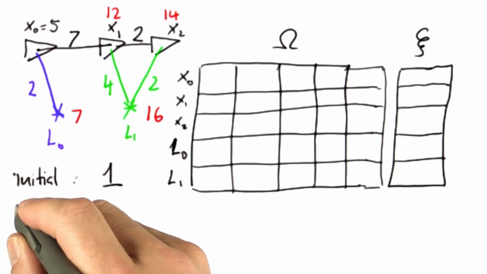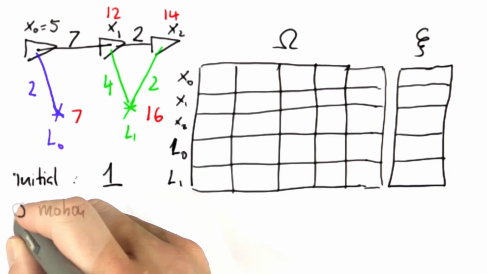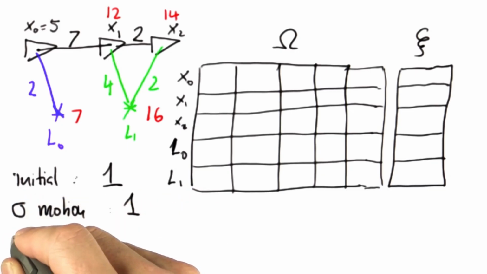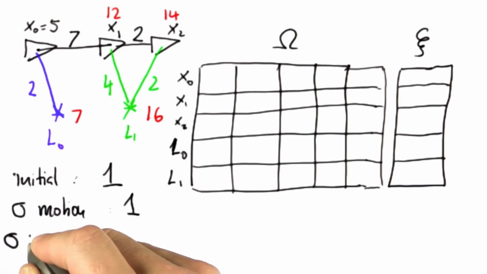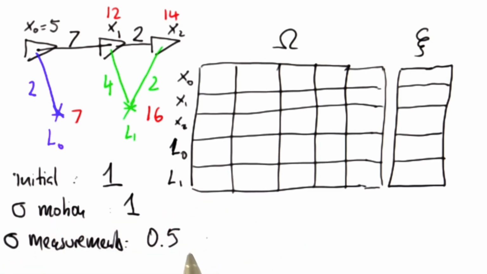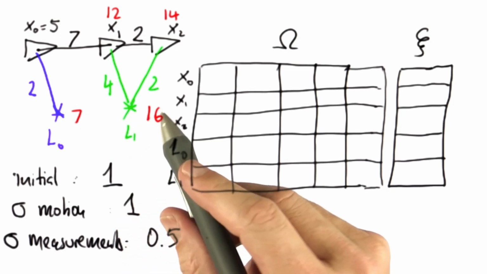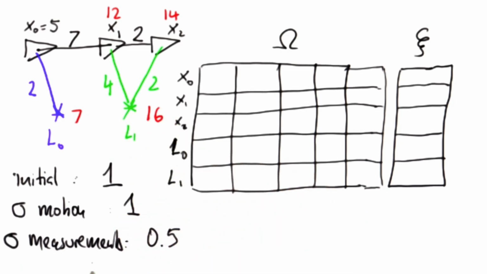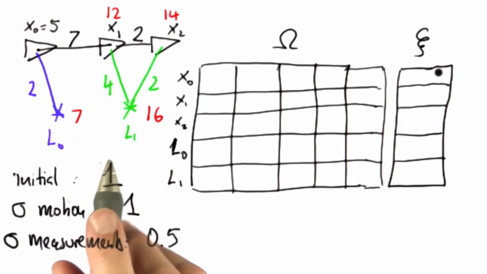I also assume the motion update has a sigma of 1, but the measurement update, the sigma for measurements, has a value of 0.5. And remember, we weigh those updates with 1 over sigma, which in the measurement case would therefore be 2. I want you to fill in the values for omega and for xi for this specific example.